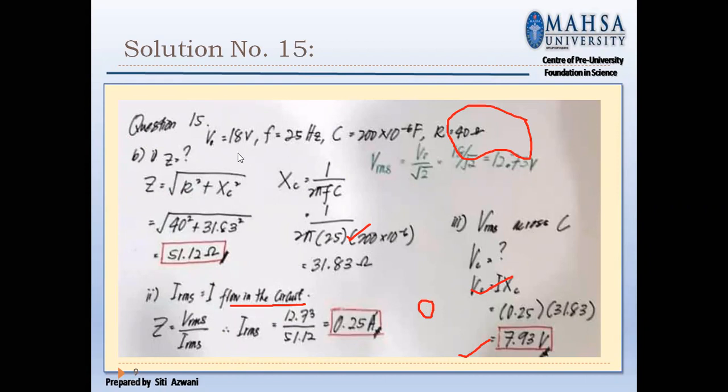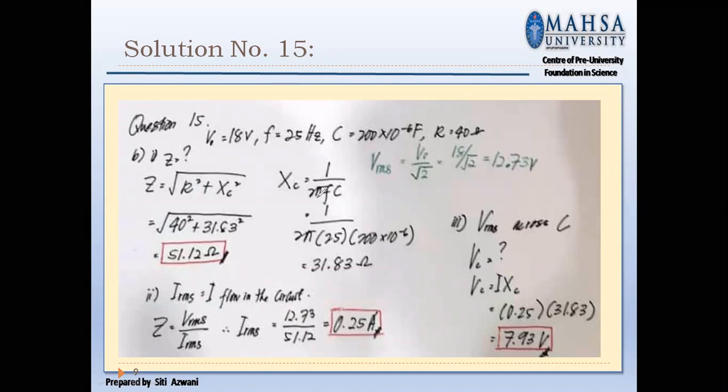You are given the information of the peak voltage, V naught, in your circuit, which is 18 volts. The frequency of your AC source is 25 hertz, and then the capacitance value is 200 times 10 power negative 6 farad.